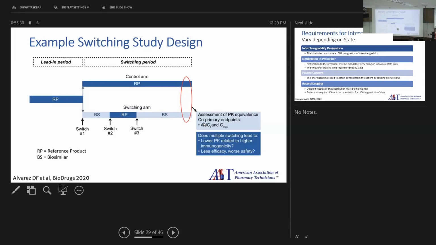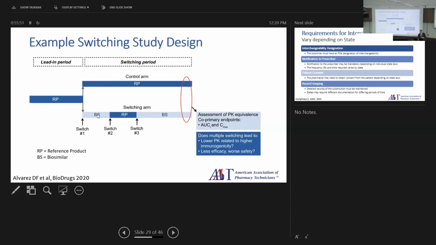We can map out the curve, the area under that curve of the patient's exposure to the medication. The Cmax is the maximum concentration that our patient experiences after we give the medicine. So the higher the dose, the higher the Cmax would be.